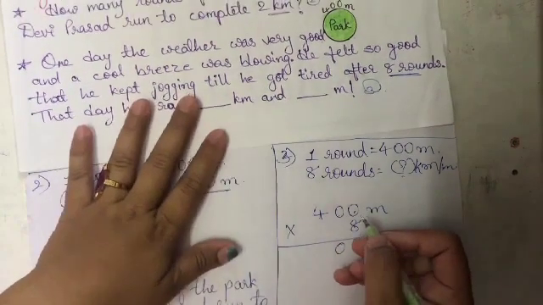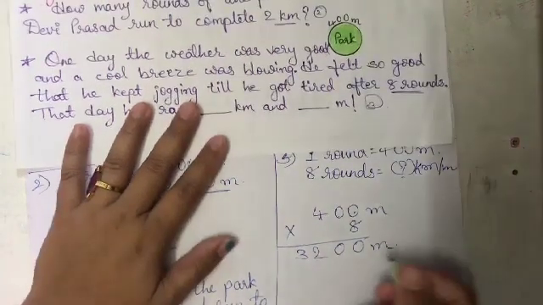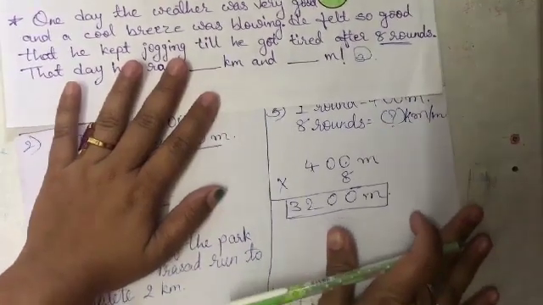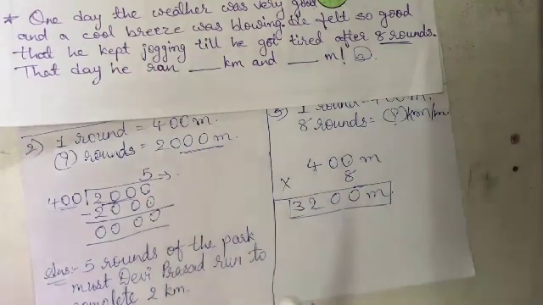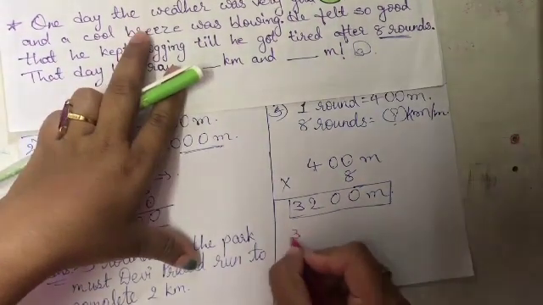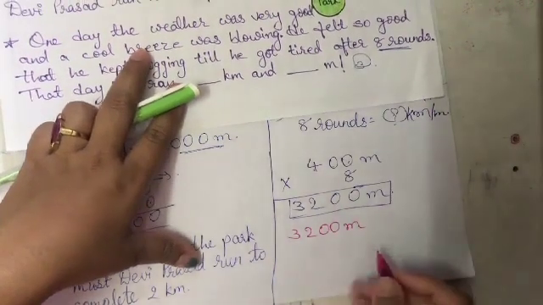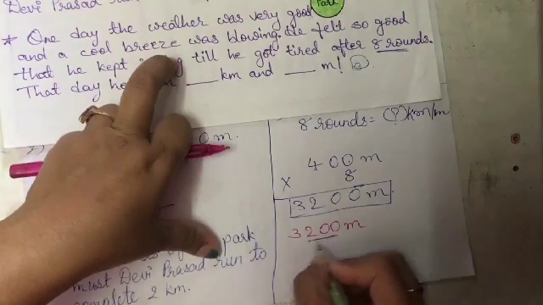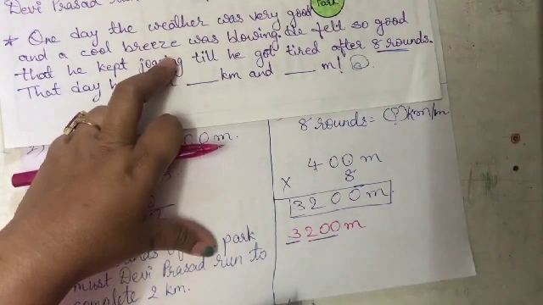Yes, it is 32 meter. Now let's convert these meters by our old method, right? How can we convert it? 3200 meter, the last 3 digits we have to take as meter, and the rest we have to take as kilometer.